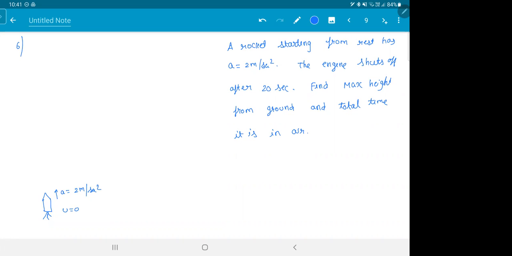Hmm, 24 plus root 96. Okay, let's see. 80 meters. I don't think you get such a beautiful answer, right? Are you getting such a beautiful answer? I'm not sure.